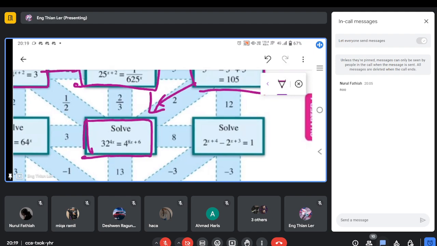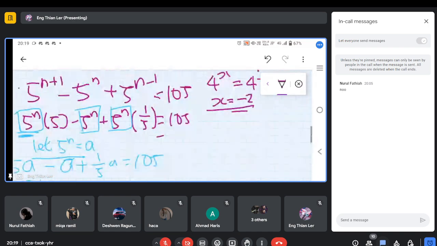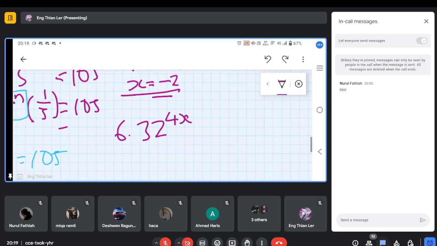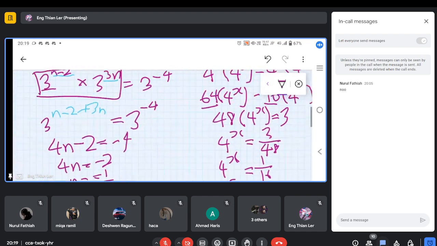Okay, for the next one, number 6. 32 to the power of 4x equal to 4 to the power of 8x plus 6. Let's double check if it's correct.